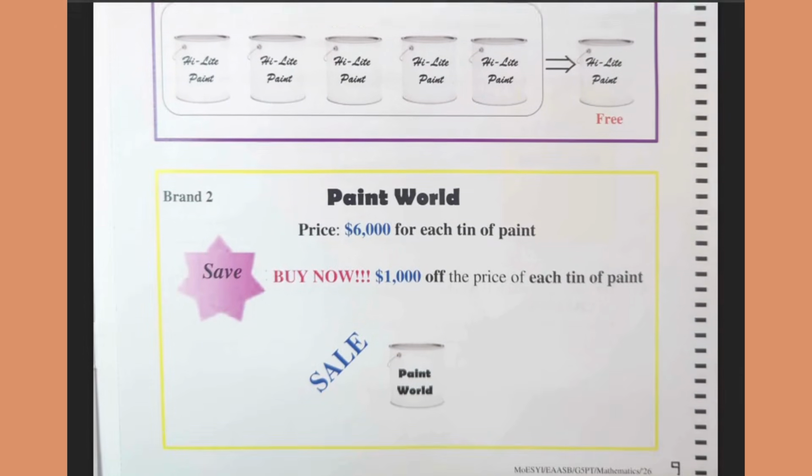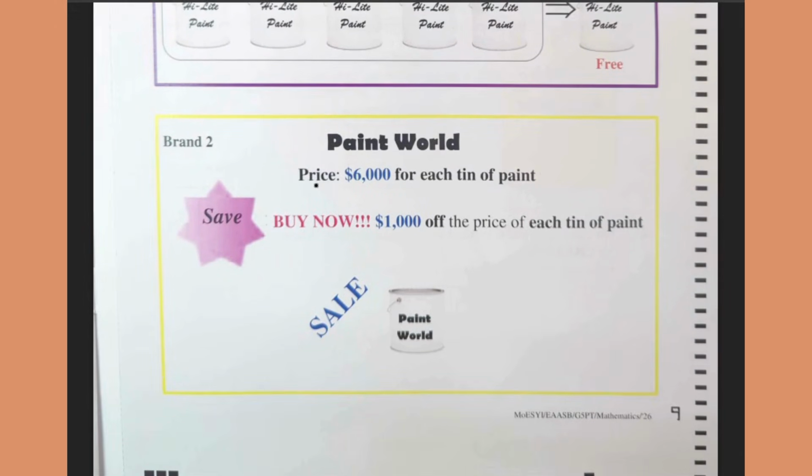And Paint World, they're saying that 1 tin of paint will cost $6,000, and if you buy now, you'll get 1,000 off the price of each tin of paint. So if you're thinking about it, that would be 12,000 off the total cost, since we need 12 tins of paint.